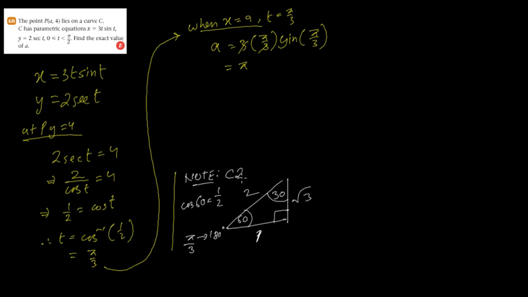Now sine pi by 3, so 60 degrees denotes pi by 3, so sine pi by 3 is sine 60 degrees, which is opposite by hypotenuse, square root 3 divided by 2. So a equals pi root 3 by 2.